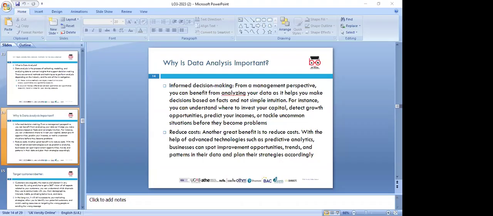Are they making profits or loss? And what are the causative factors that are stopping the organization from being able to make profit? Are they human factors? Are they IT errors? Is it lack of training? Is it late coming to work?